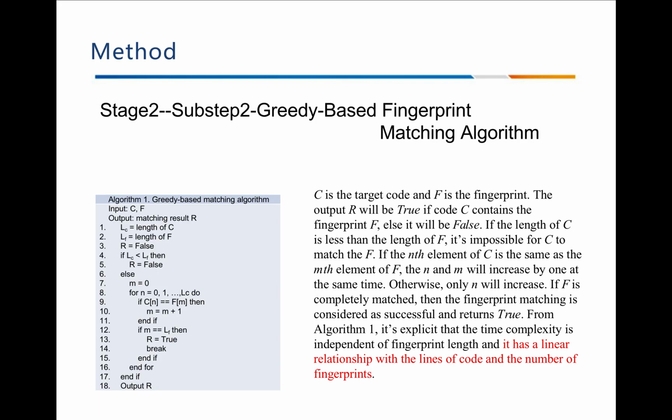We will compare the target code with the fingerprints one by one and line by line to figure out whether there is a fingerprint that matches the target code. And obviously it has a linear relationship with the length of the code and the number of fingerprints.